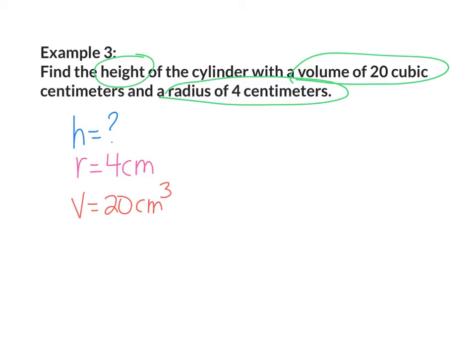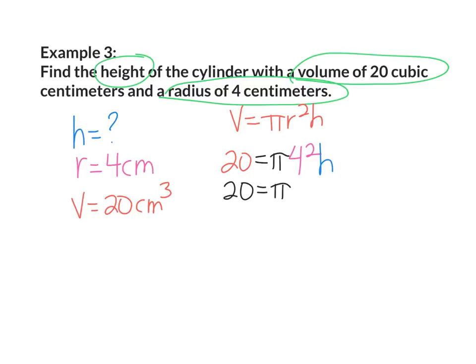So I'm going to write down the formula for the volume, which is pi r squared h. I'm going to plug in the information I know. I know that V equals 20. Bring down pi. R squared is 4 squared, times h. I'm going to go ahead and multiply that out. I'm going to bring down 20. Bring down pi. 4 squared is 16. And bring down h.